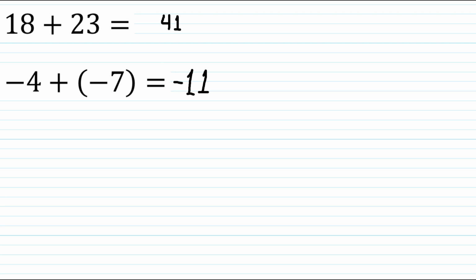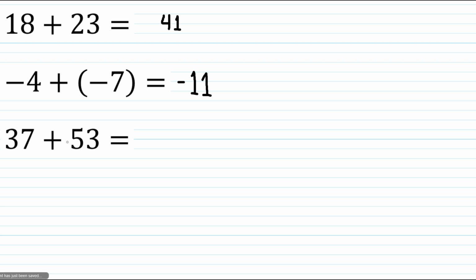Another example. So, we have 37 plus 53. So, again, observe lang natin or consider natin yung mga signs ng given numbers. Since sabi ko nga kanina, kapag walang visible sign yung given numbers, it's considered as a positive number.